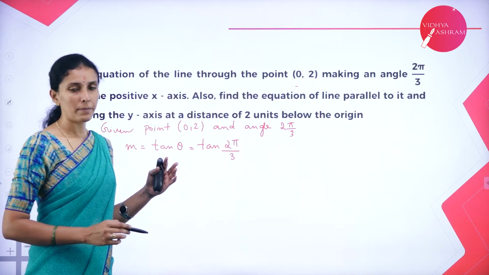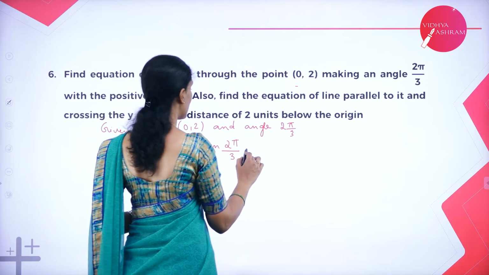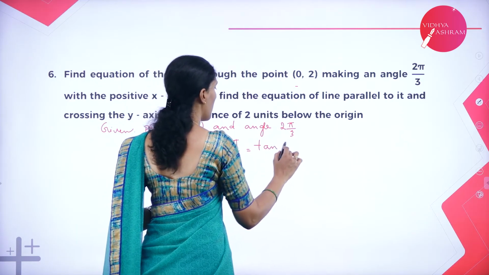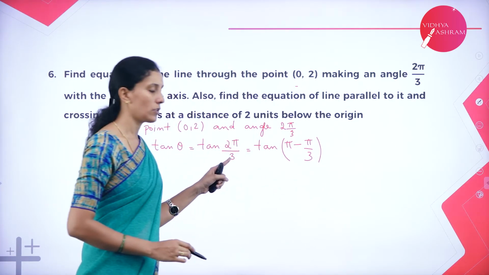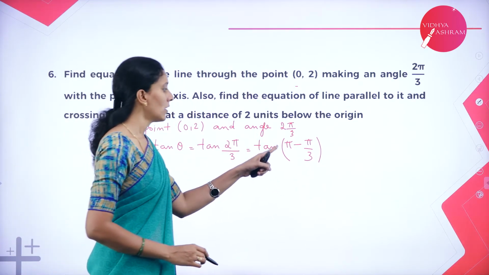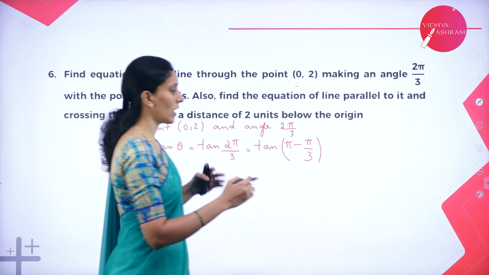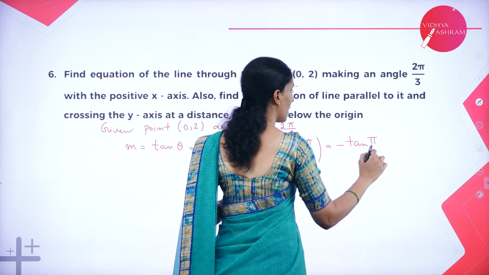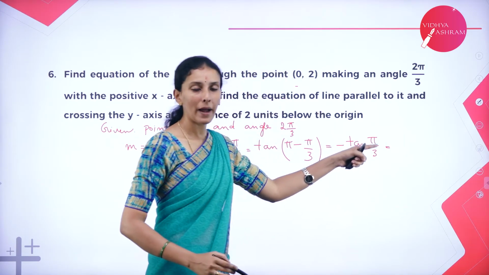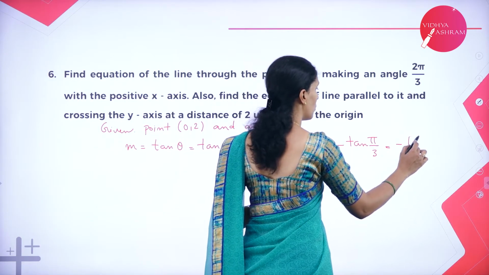So tan 2 pi by 3 means it lies in the second quadrant, or you can write this as tan pi minus pi by 3, which is same as 2 pi by 3. So pi minus pi by 3, pi is 180 degree, 180 minus theta in the second quadrant, tan is negative. So it is minus tan pi by 3. So the value of tan pi by 3 is root 3.